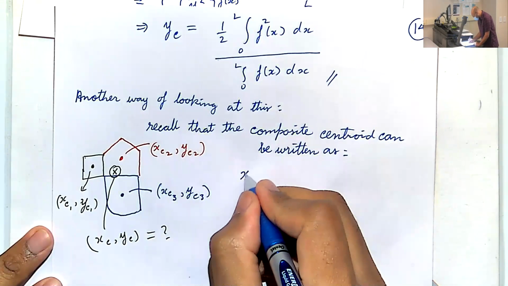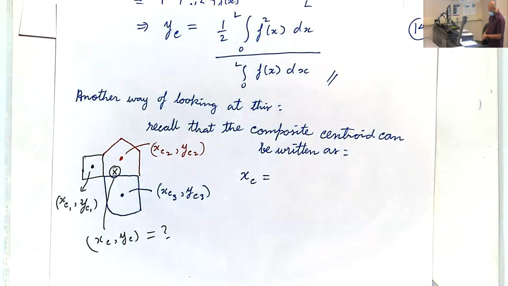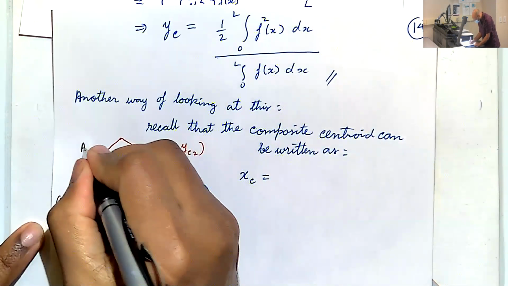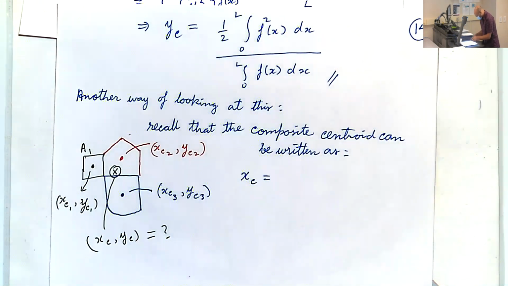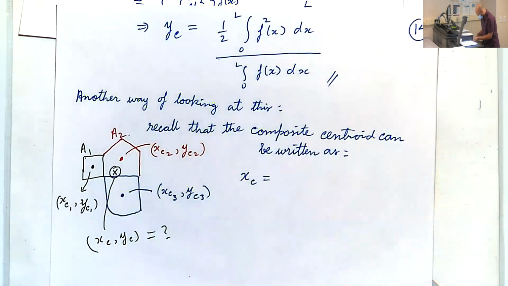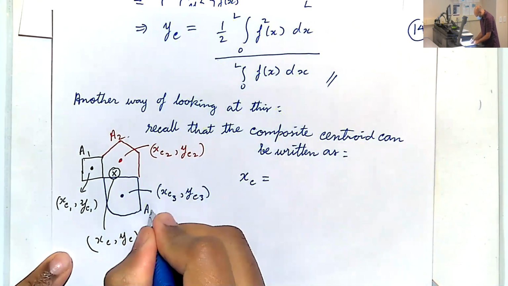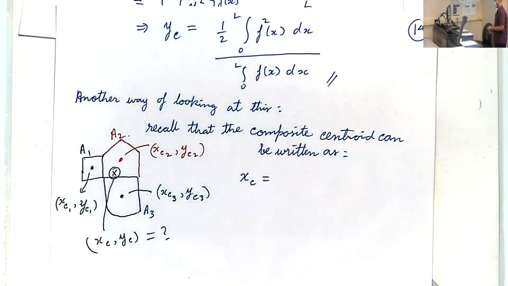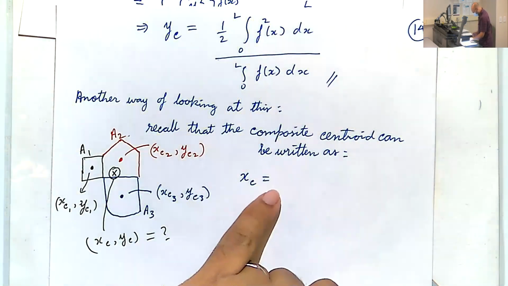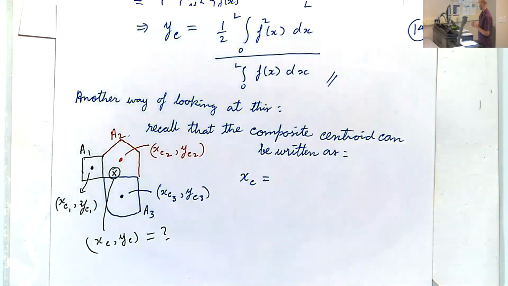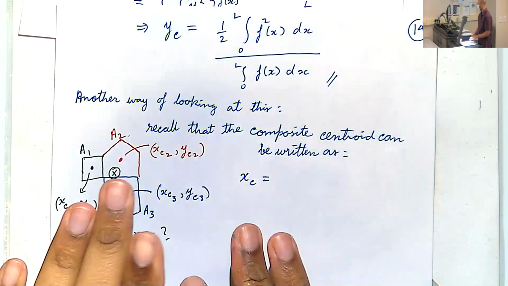Can you tell me what XC can be written as? I also give you the area of the first one is A1, this is A2, and the other one is A3. How do you write this? X equals what? Think about the center of mass.